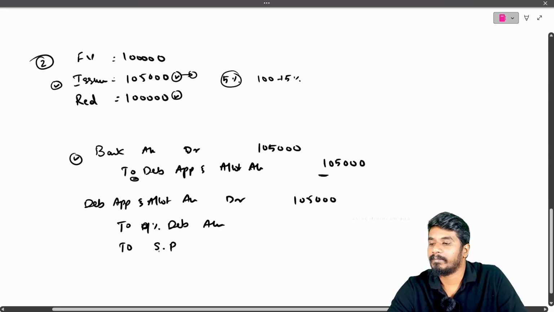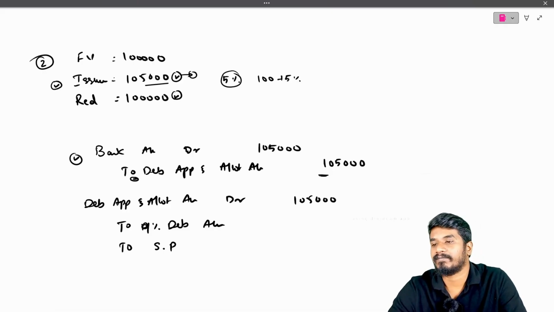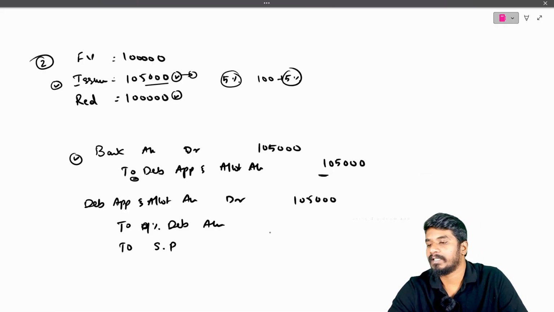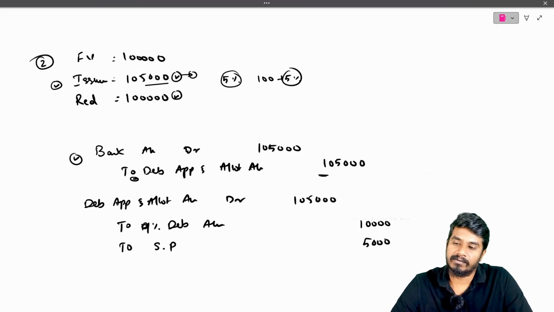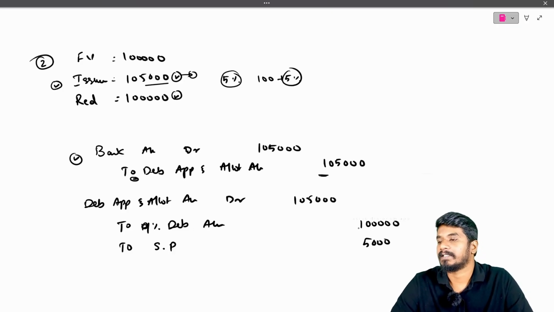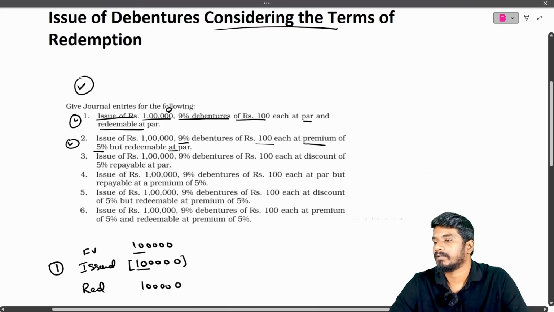And securities premium. Obviously, the securities premium amount is 5,000, that is 5%. You can calculate it. So 5,000 needs to be credited, and the remaining, whatever face value is there, we will credit it to the debenture account. That's it. As simple as that. Let us see the third case.